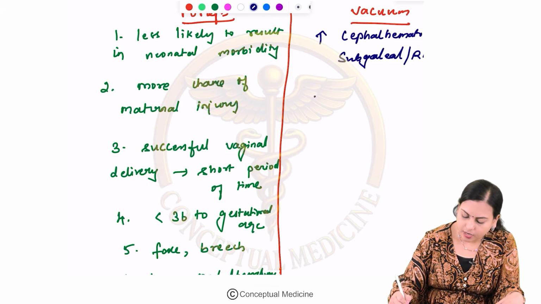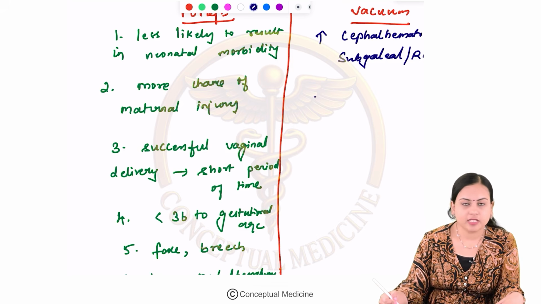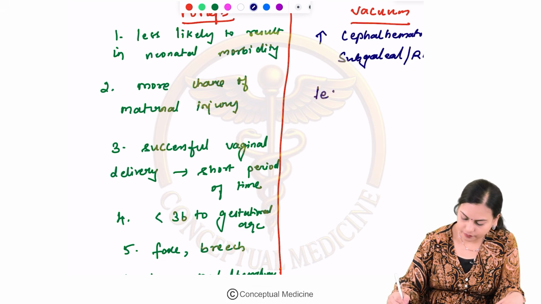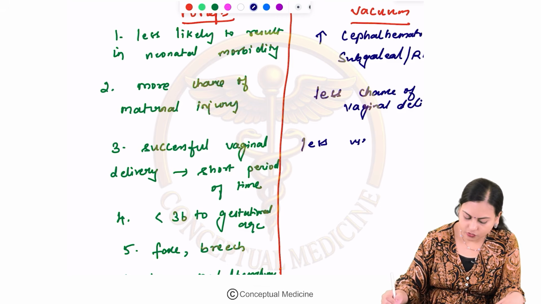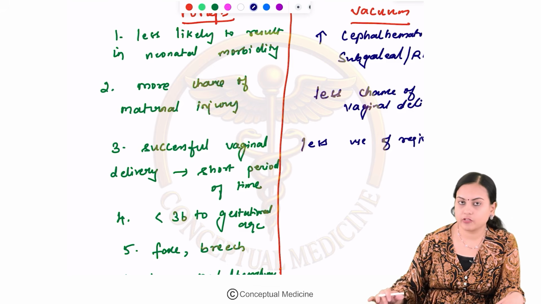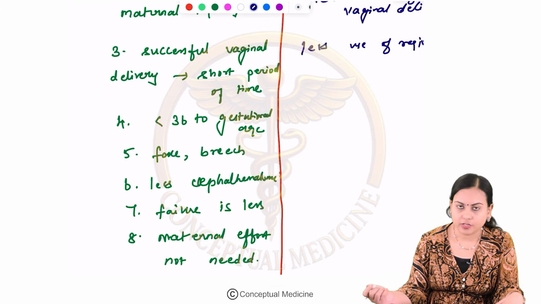And when you apply vacuum, it doesn't mean that it always ends up in a successful vaginal delivery. So, there is less chance of vaginal delivery and there is less use of regional anesthesia. For forceps you need regional anesthesia or pudendal block, but for vacuum it is not like this.